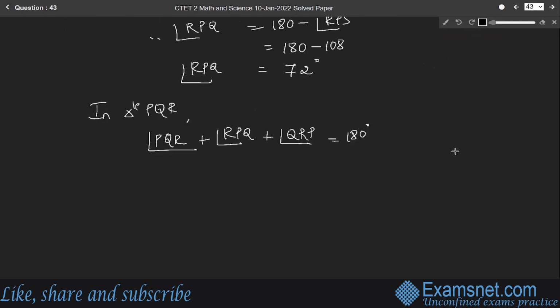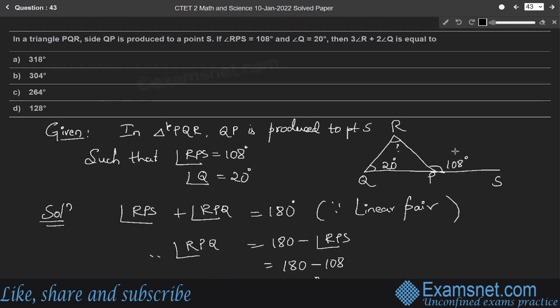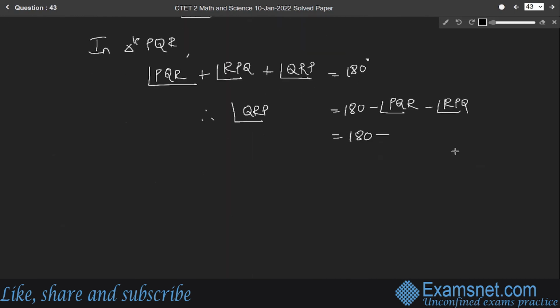Therefore, angle QRP is equal to 180 minus angle PQR minus angle RPQ. Angle Q is 20, angle P is 72 degree. So 180 minus 20 minus 72, which is equal to 180 minus 92 degrees, which is equal to 88 degrees.